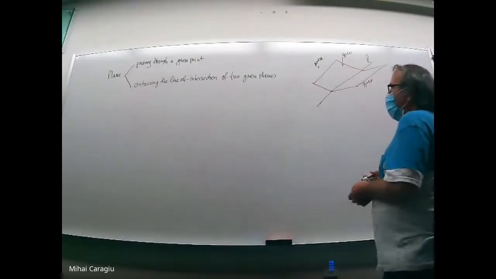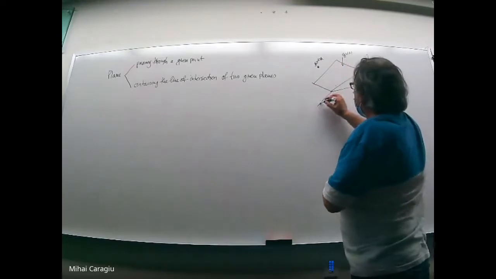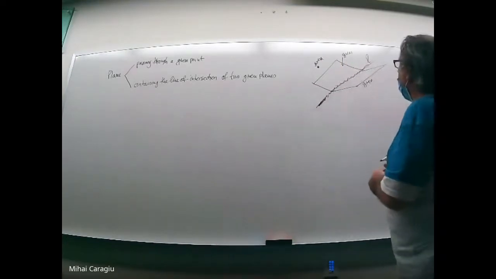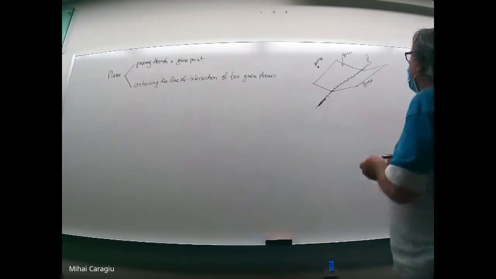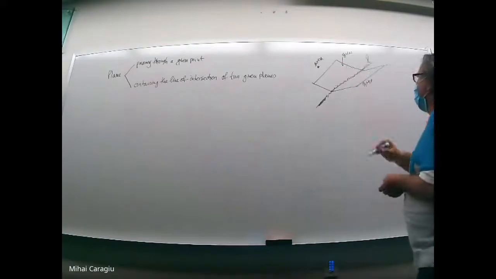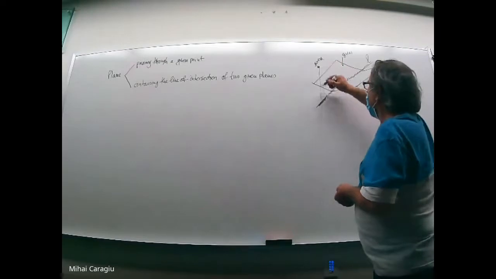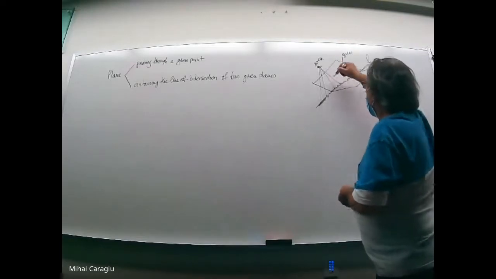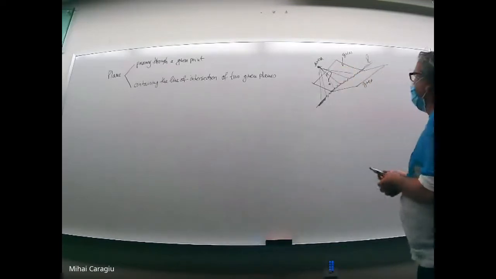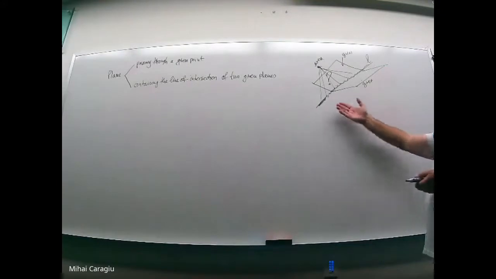So we need to find the equation of the plane passing through a given point and through this line of intersection of two given planes. Clearly, through a point and this line, there is exactly one plane. So that's our objective: find the equation of the plane passing through a given point and the line of intersection between two given planes.